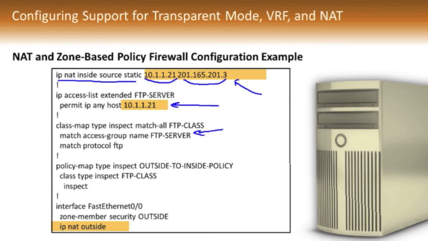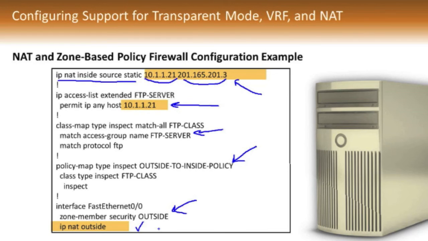We then create our class map, we create our policy map, and we apply the appropriate zone to the appropriate interface, and that interface would be flagged as the NAT outside interface, and we're going to be good to go with this configuration.